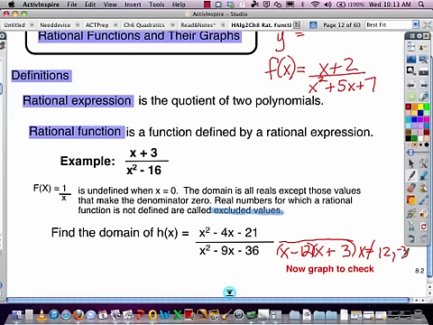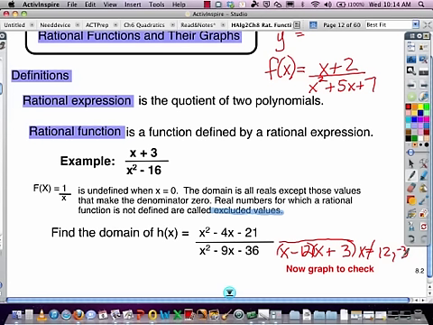If you graphed only the denominator, you could see that graph would cross the x-axis at x-intercept points 12 and negative 3, and that would not be good because we cannot have zeros in a denominator here.